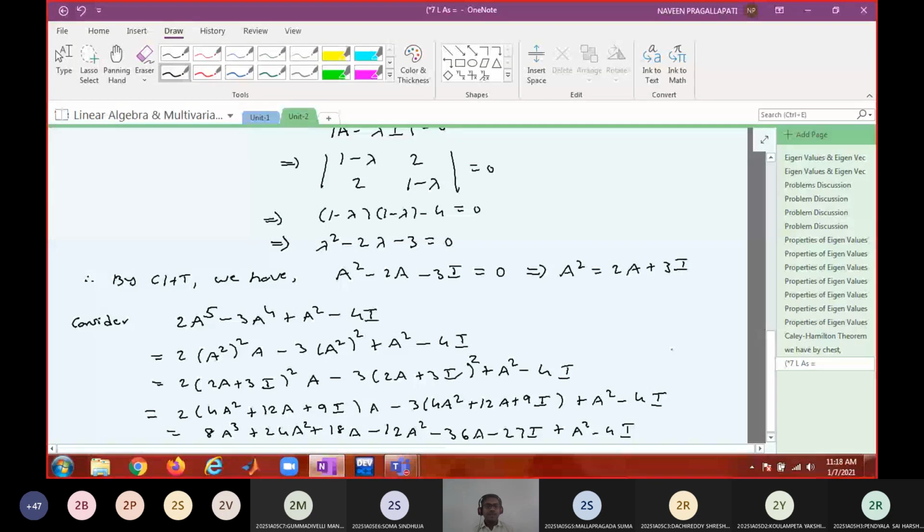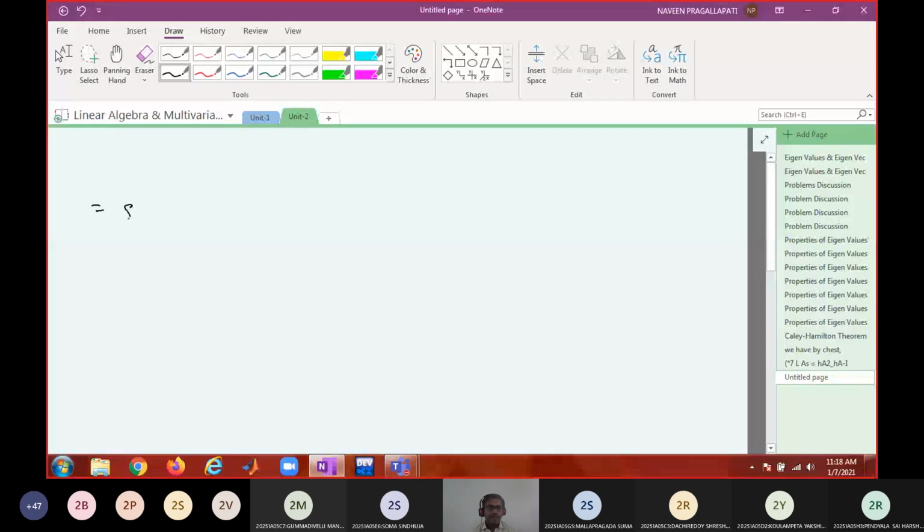Yes, sir. Okay. Now you simplify this expression, then replace a cube and a square with these expressions repeatedly. Okay. So cubic is only one, so 8a cube equal to 8a cube.